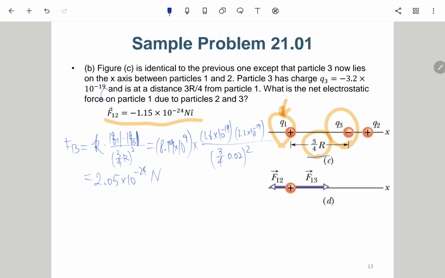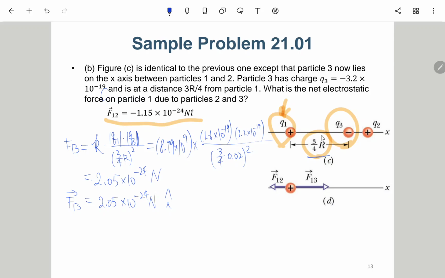Okay, so for the total force acting on Q1, maybe we can try to write the F13 vector as 2.05 times 10 to negative 24 Newton. Okay, this time also lying on the x-axis, so i hat, but here this is positive, this is negative.